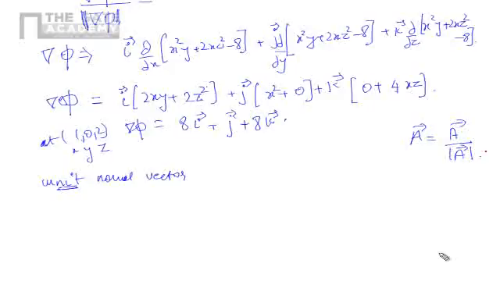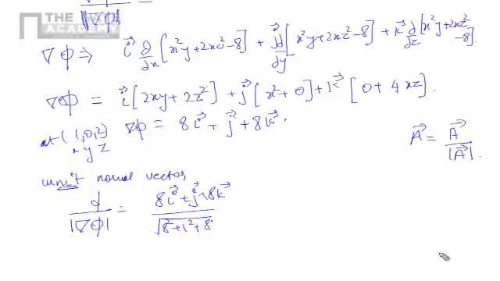Similarly, here we have to find del phi divided by modulus of del phi, that is nothing but 8i plus j plus 8k divided by root of 8 square plus 1 square plus 8 square, that is nothing but 8i plus j plus 8k divided by root 129. This is the answer.